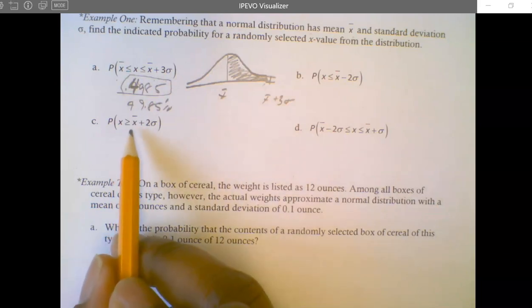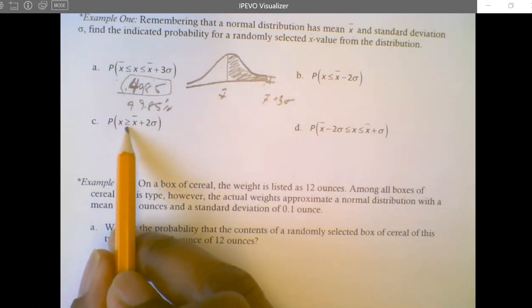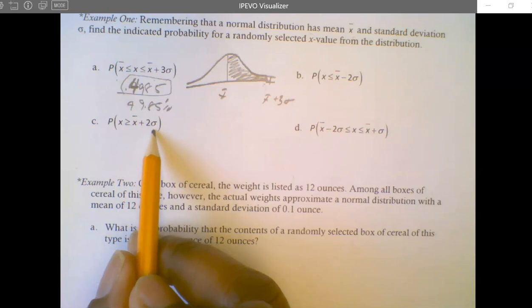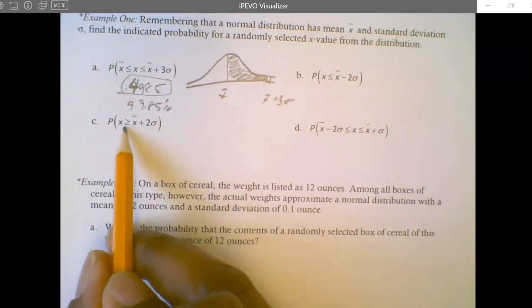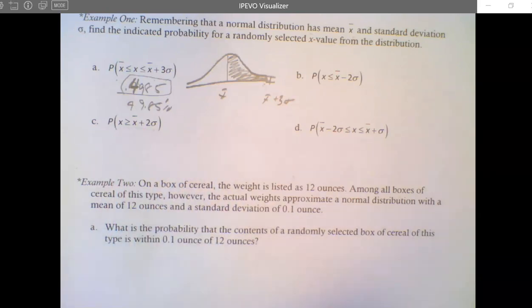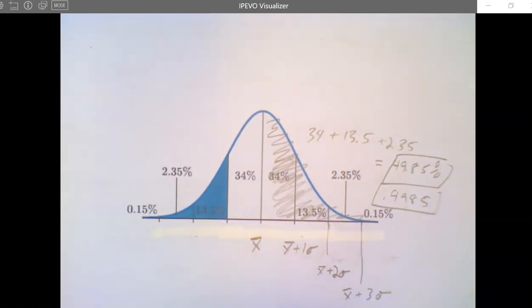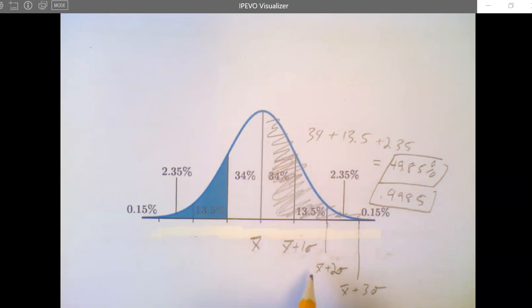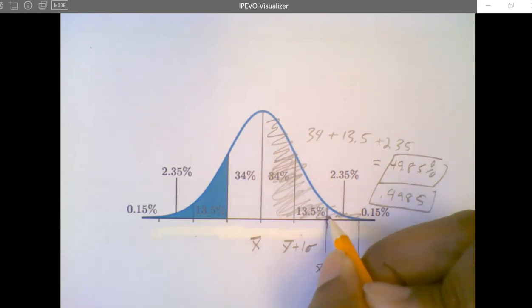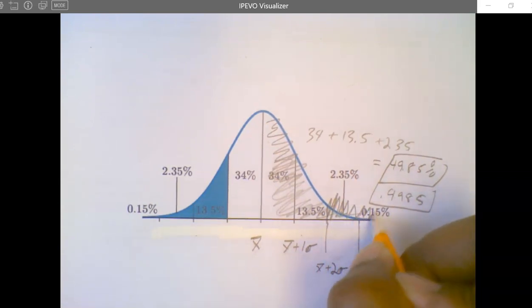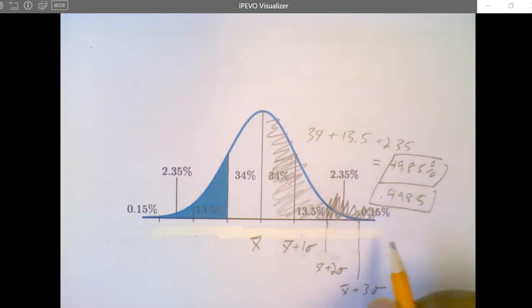Go to the next one. Next says, what's the probability of x being greater than the mean plus 2 standard deviations? So that's the probability of x being greater than the mean plus 2 standard deviations. Let's go back to that curve. This is the mean plus 2 standard deviations here, and that means outside this range. So that answer would be 2.35% plus 0.15%.